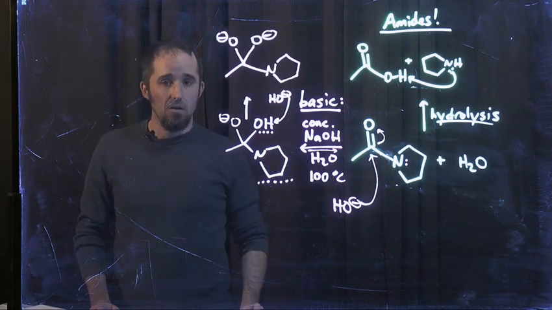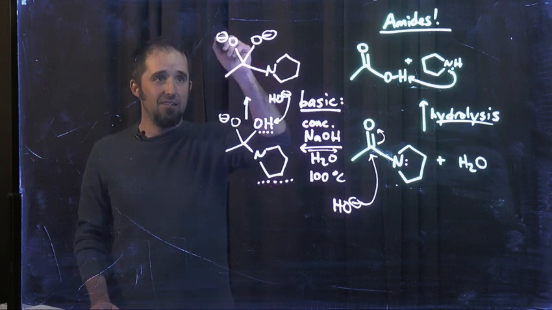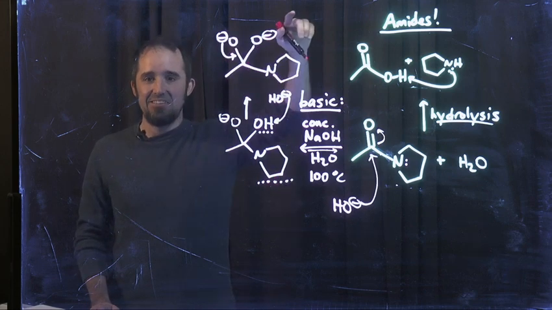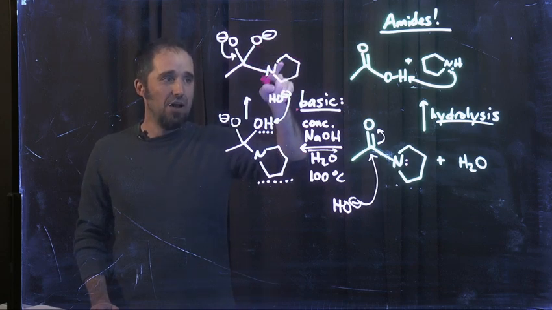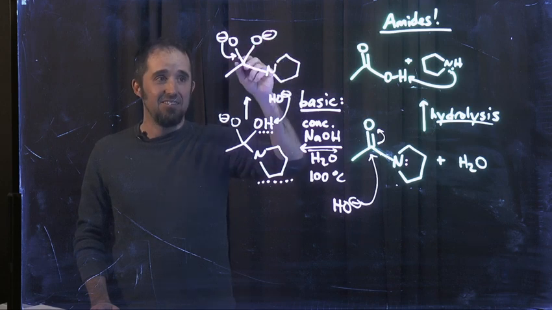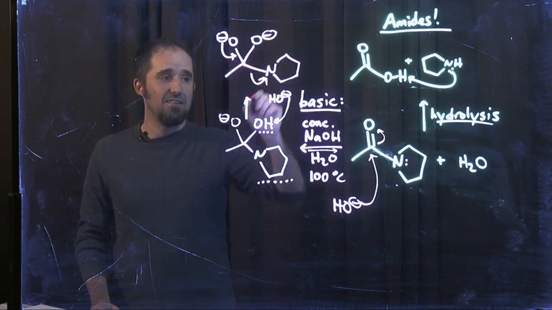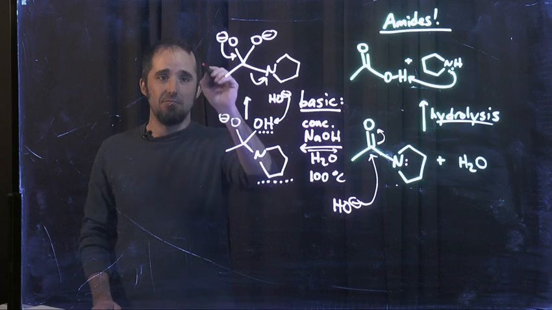So now I don't have 2 leaving groups. I'm not going to kick off atomic oxygen 2-. That's not going to happen. Right? So no matter how bad of a leaving group this is, it's still better than that. So I will, at this point, lose N-. Is it likely?